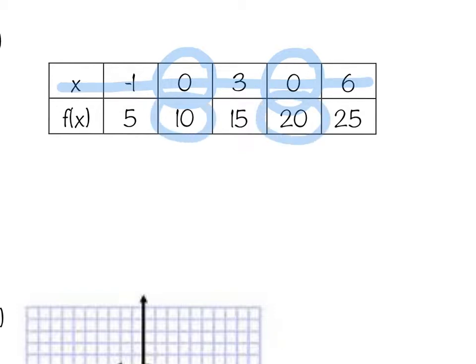You have the same input giving you two different outputs. So general rule of thumb, look for repeating input values. It's generally going to not be a function, but double check and make sure that each input value has different output values, then it's not a function. So not a function.